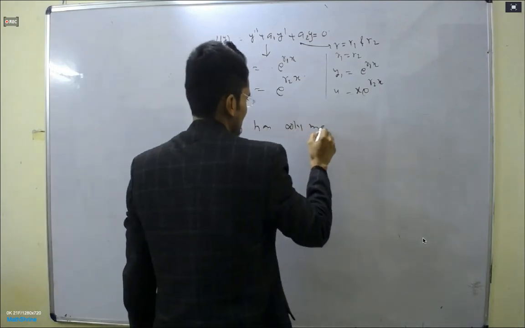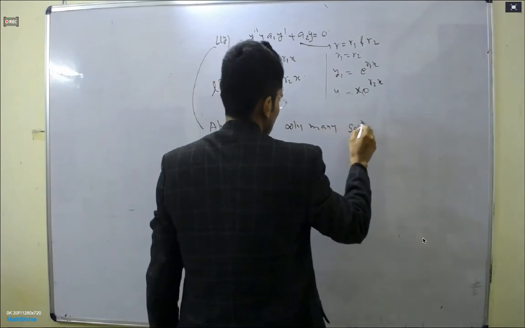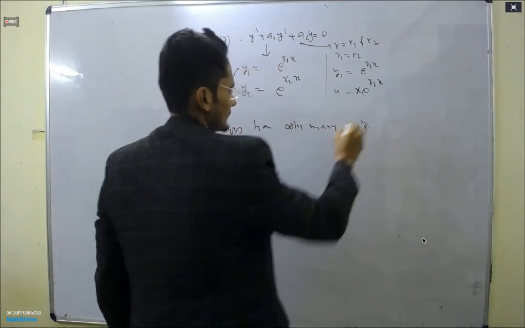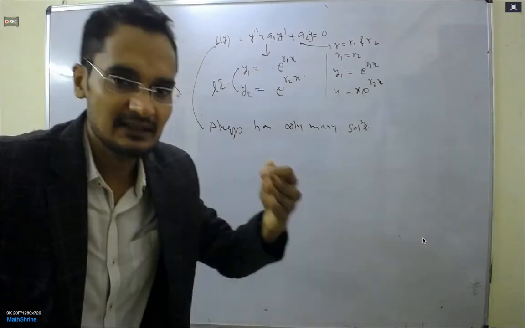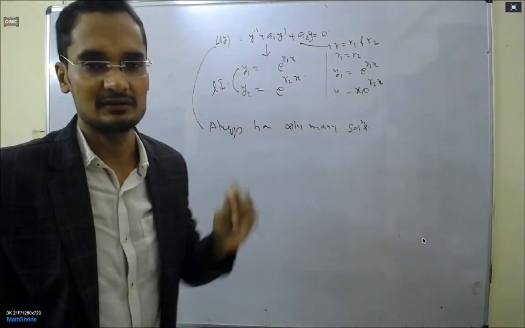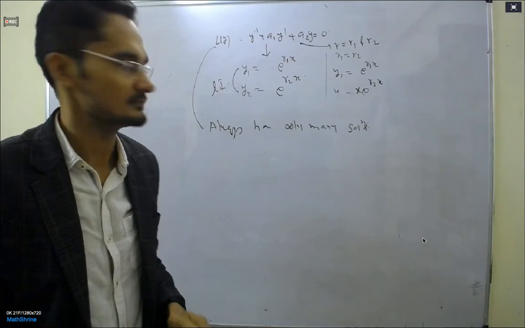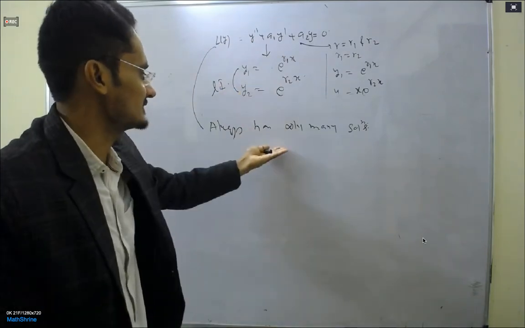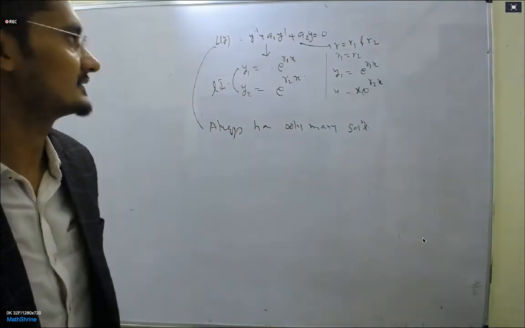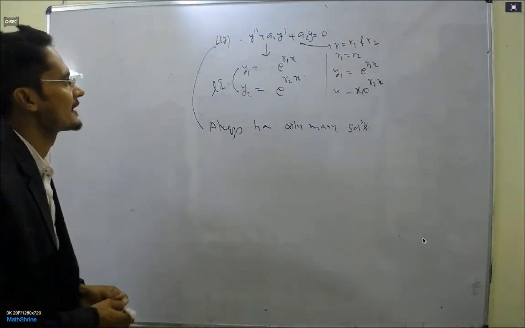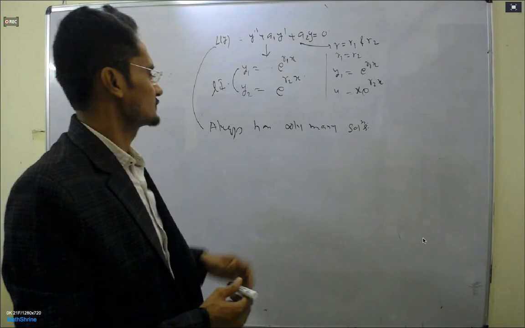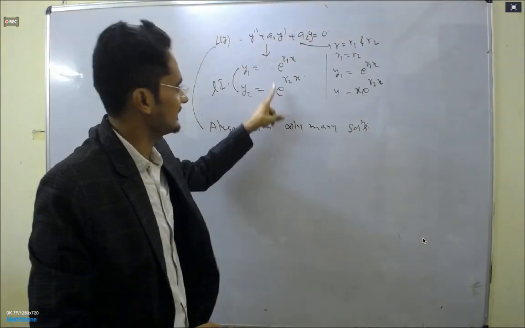So a scalar multiple is a solution. We can write this is also a solution. Then y is equal to c1 y1 plus c2 y2. That is, we used to write c1 e raised to the power r1x plus c2 e raised to the power r2x. This is also a solution. In an interview, sometimes they will ask why this is a solution.